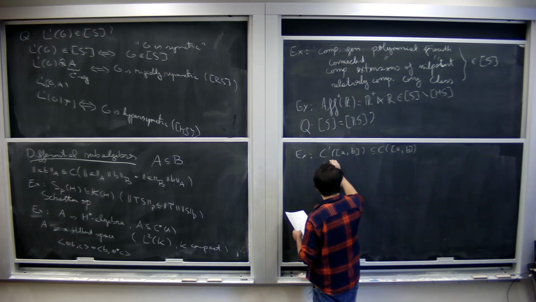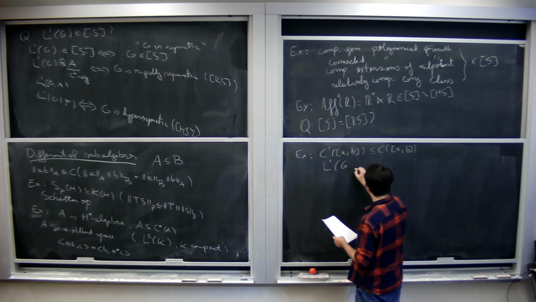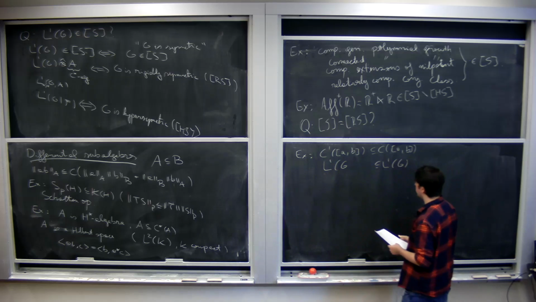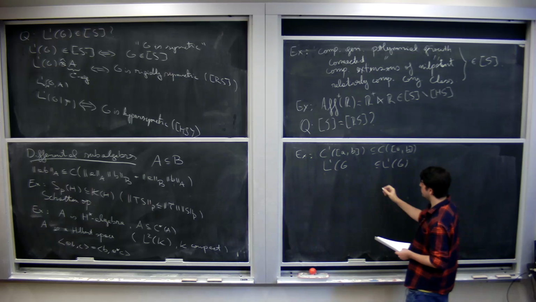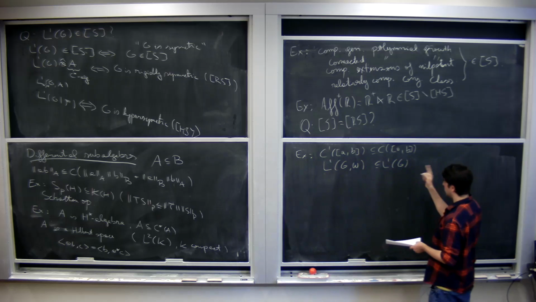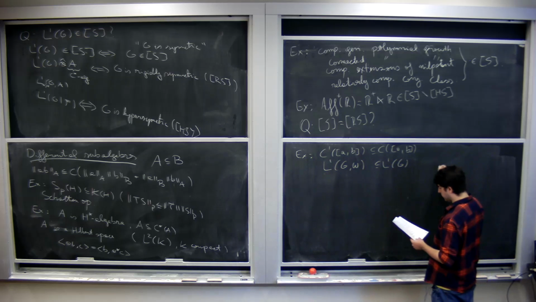What else? If you have L1 of a group, there's a way to construct weights on the group such that the weighted algebra is differential in L1. This is due to Ludwig, I think.